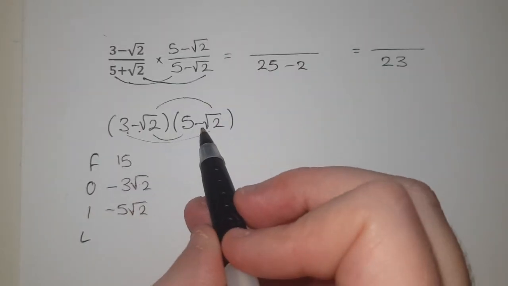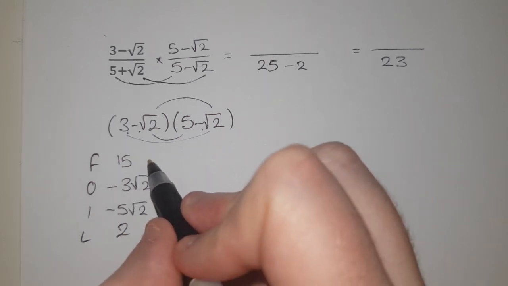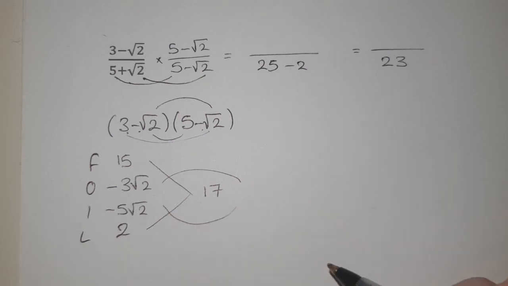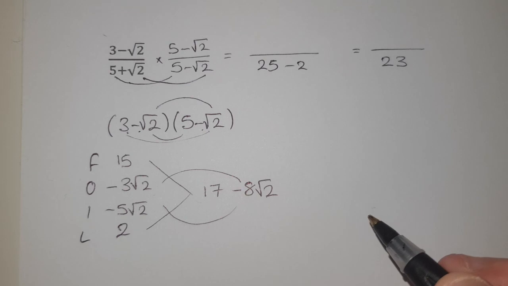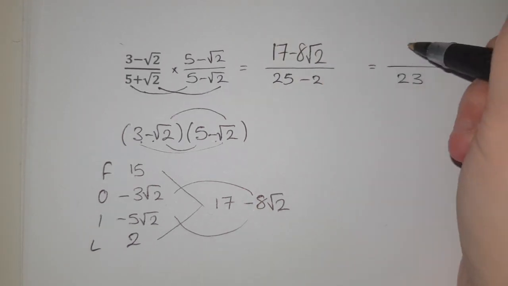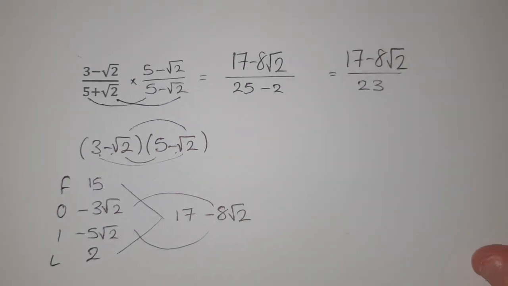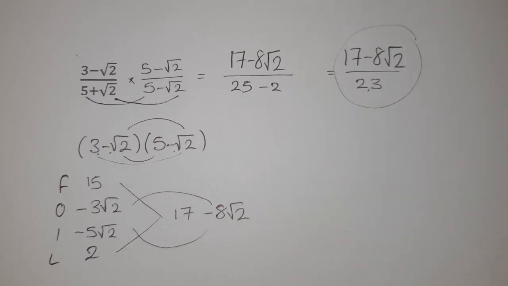So a negative times a negative is a positive. Root 2 times root 2 is 2. So I end up with 15 and 2 gives me 17. And then minus 3 root 2 and minus 5 root 2 is going to give me minus 8 root 2. So the top of my fraction is going to be 17 minus 8 root 2. And there is nothing that 17, 8 and 23 divide by. So that is my final answer.